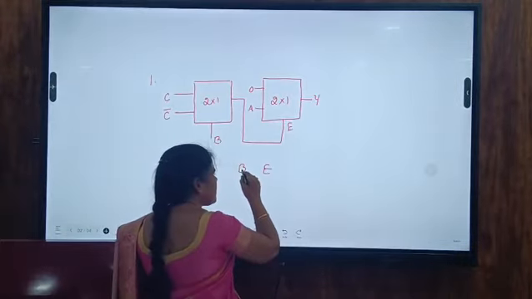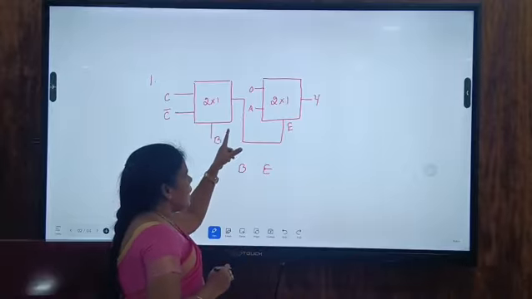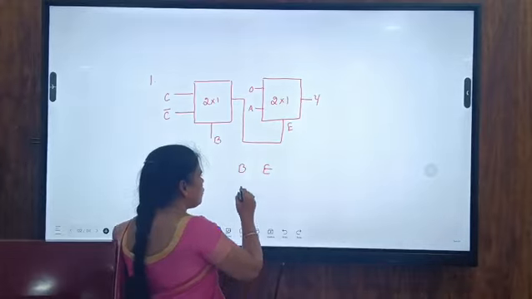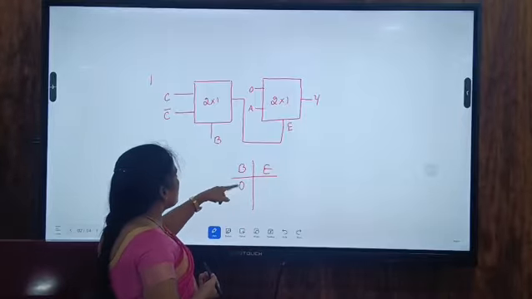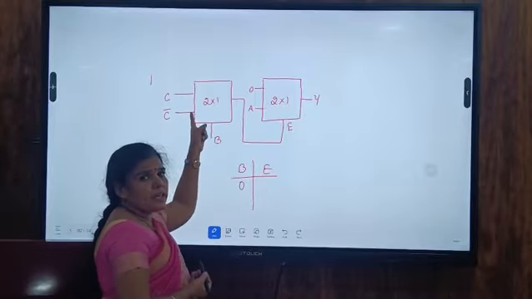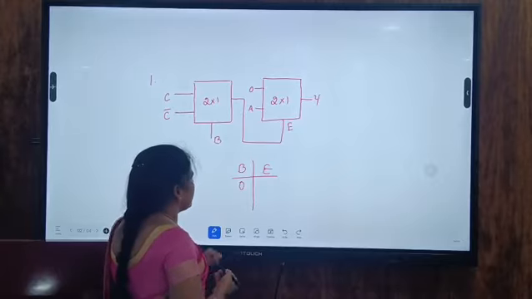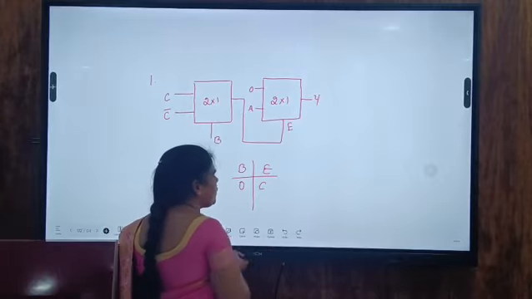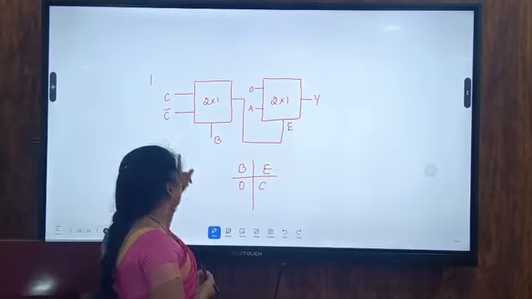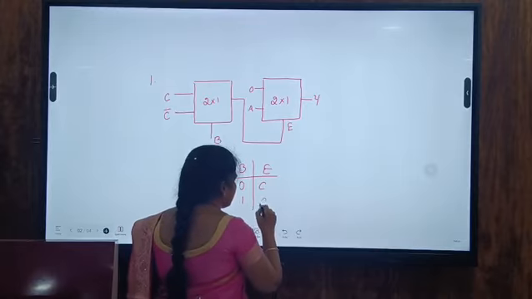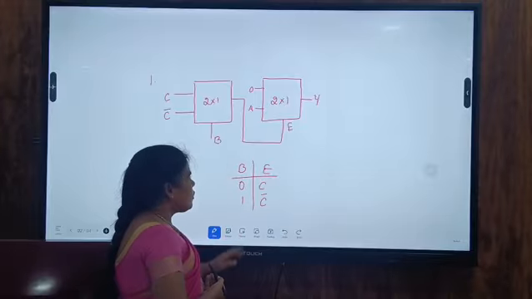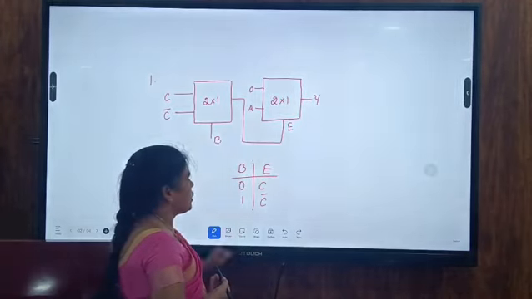So B is the selection line for the first case and E is the output. When B equal to 0, which one will be selected? C, that is the first data line. So when B equal to 0, C will be selected, and when B equal to 1, C bar will be selected.